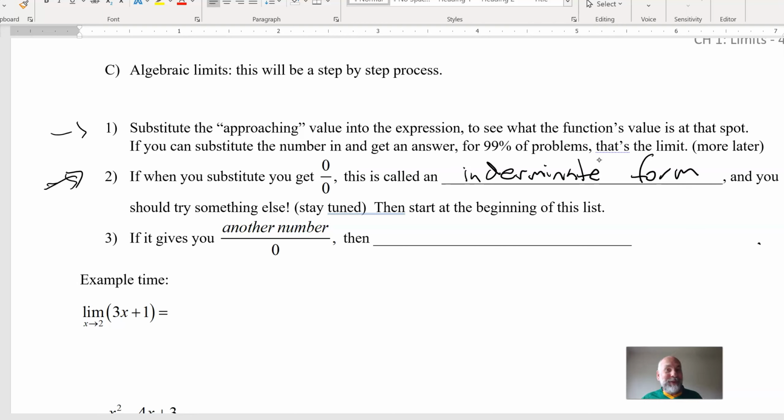If you get a different number, something other than 0 over 0, then the limit is not defined, is undefined. You can also say there's no limit. There are some other answers, but we'll talk about that a little bit later. But basically, there is no number that answers this question.